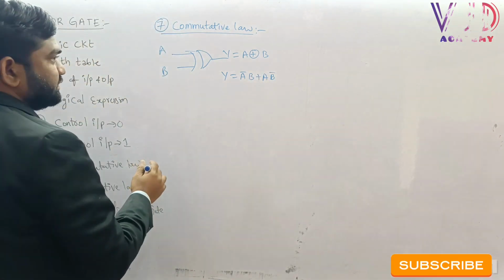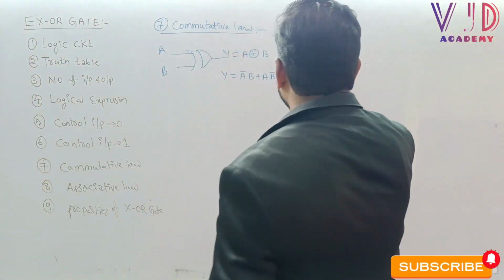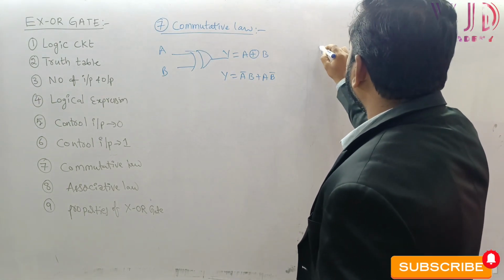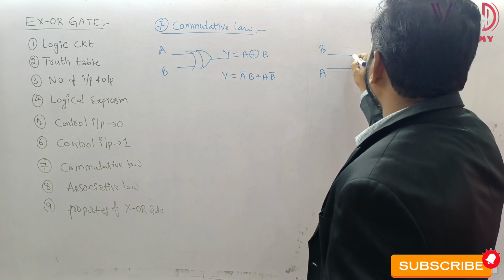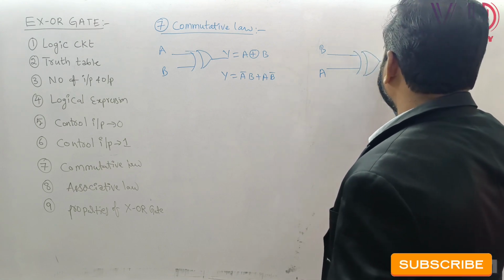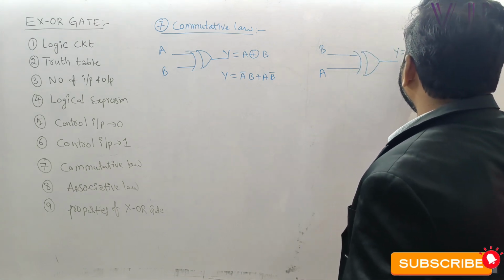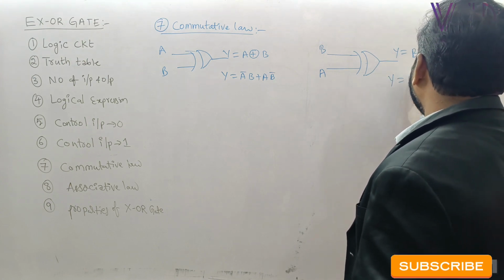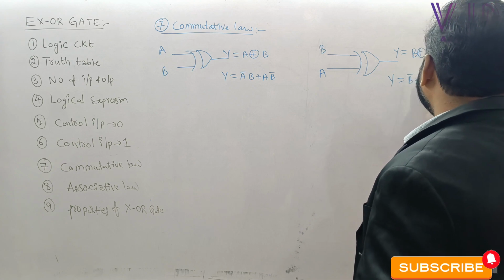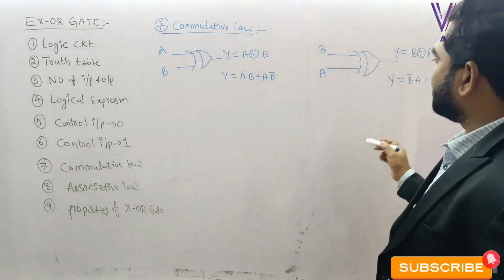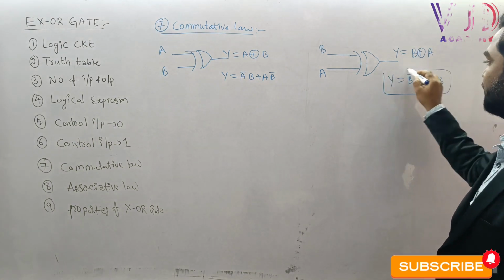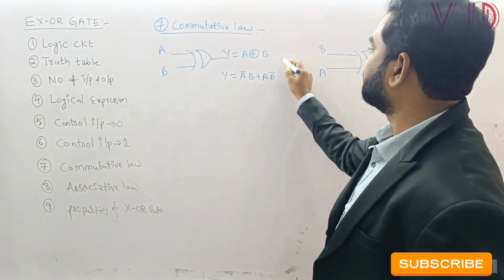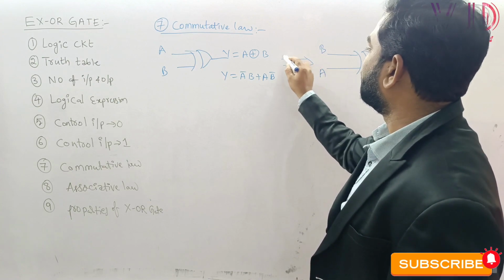If I interchange the values, which means if I interchange the inputs, we have B, A XOR gate, Y equal to B XOR A, which means Y equal to B bar A plus A bar into B. If I write this expression, even when both inputs are interchanged, the output is the same.